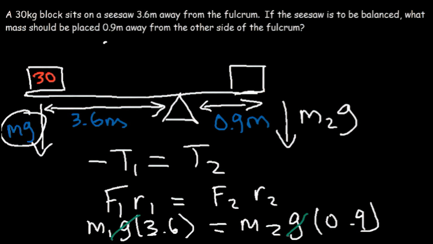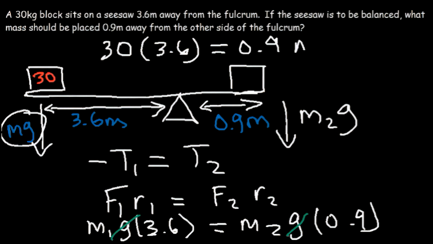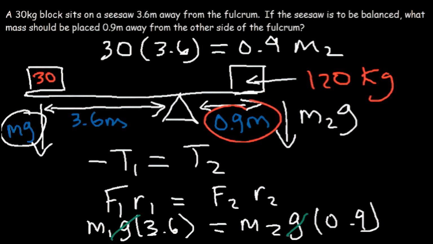So m1 is 30 times 3.6, that's r1, and that equals R2, which is 0.9 times m2. So the second mass is 30 times 3.6 divided by 0.9, which is 120. So the fulcrum, or the seesaw, is going to be balanced if we place a 120 kilogram object 0.9 meters away from the fulcrum.